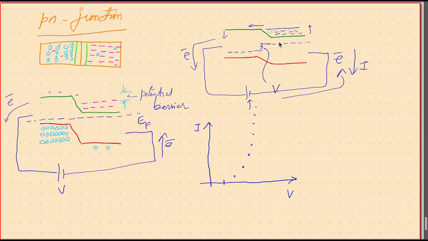So to start with, the two levels were equal. There was a gap here, and till this gap is filled by the rise of this level, no current will flow. But when this reaches this level, then a few electrons start crossing and hence contribute to a small current. Increase in further voltage will have two effects.